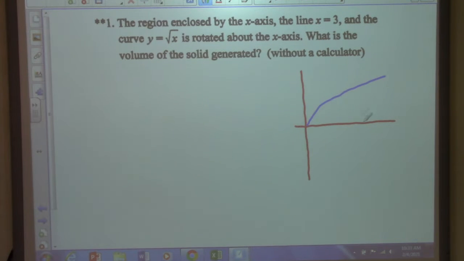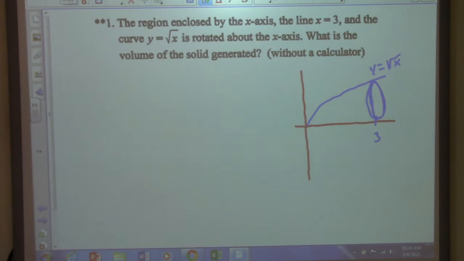And then we have the x-axis and the line x equals 3. So here we have y is equal to square root of x. That's this equation, so we're talking about this boundary right here. And if we 3D it, if we're looking at it from the end, we would see kind of an oval looking shape, wouldn't we?